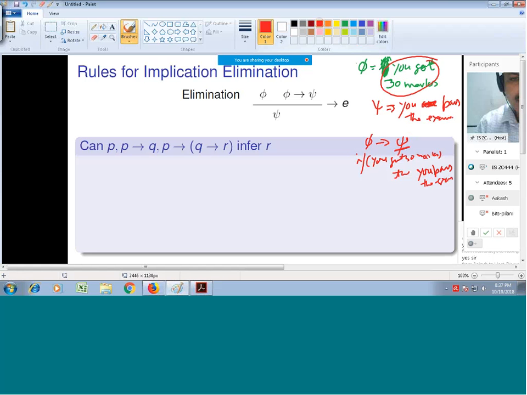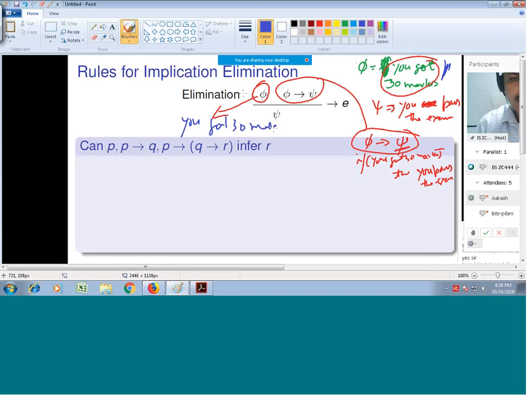Now I tell you further information. Phi implies psi, you understood what it is. Now I give you that this particular thing is also true. This is also given to you, which means it's true. What does it mean? You got 30 marks is true means you got 30 marks.